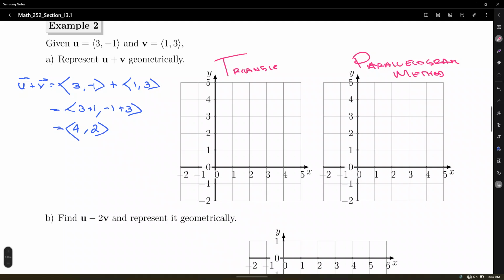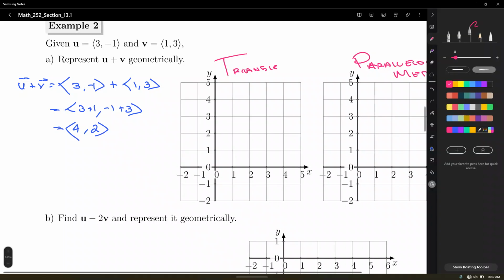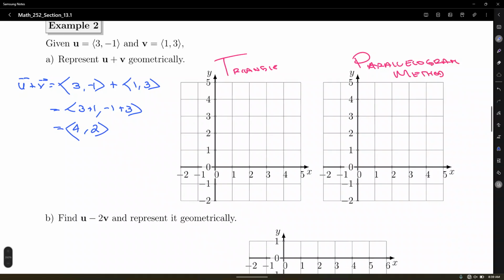So the way we go about the triangle method, first we plot the first vector in standard position. That is, the vector u, which is (3, negative 1). I'm going to go 3 units in the x direction and 1 unit in the negative y direction. So that's our vector u.